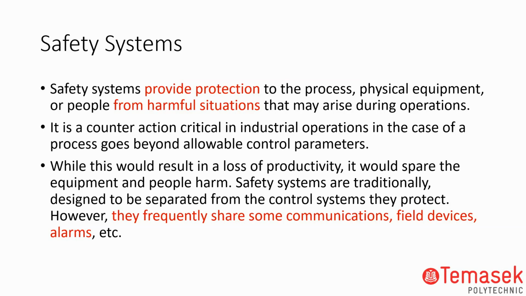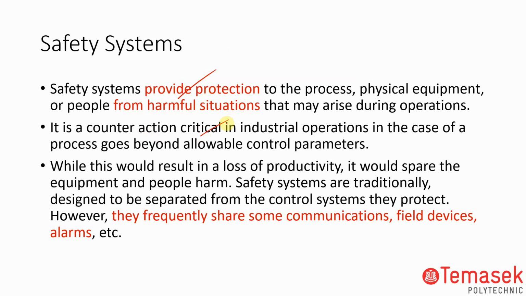So that's what it is, to provide protection, because if the machine needs to be stopped, the electricity needs to be stopped, the safety system needs to be there to kick in. It is a counter action for any critical operation at the end of the day.